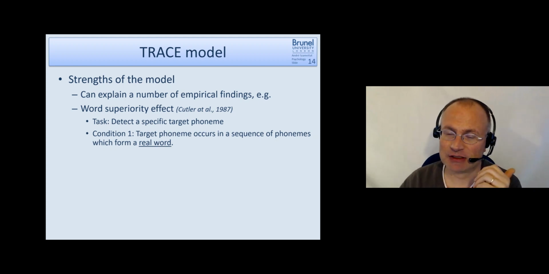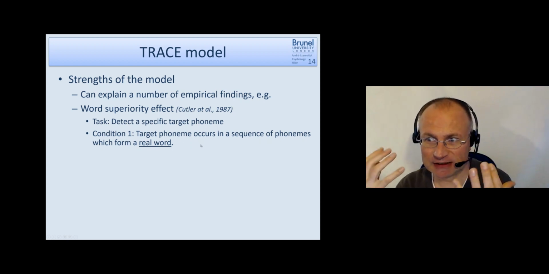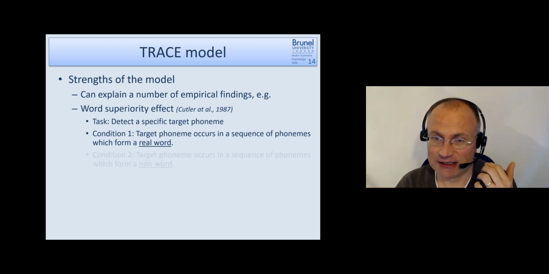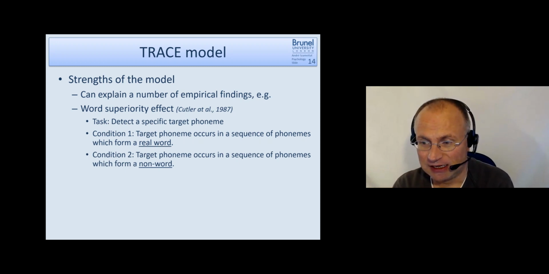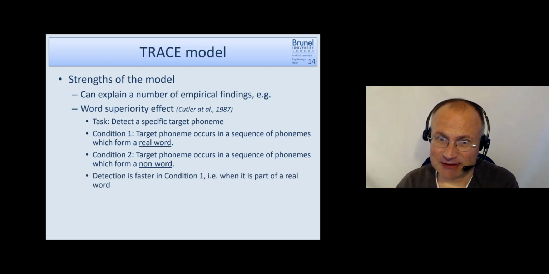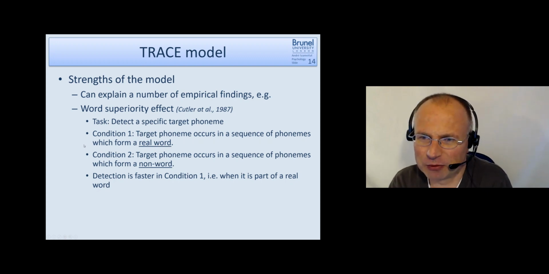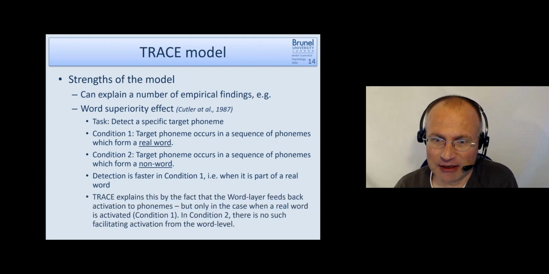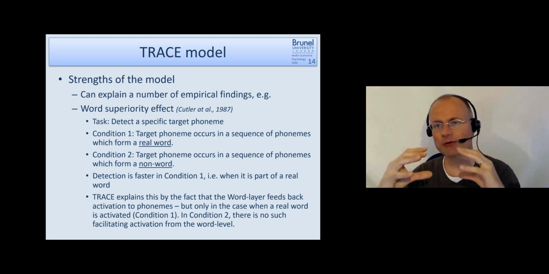And this phoneme could, in one condition, occur in a sequence of phonemes which form a real word, or in another condition, in a sequence which forms a non-word. And what you find is that the detection is faster in the word condition, when it's a real word, as compared to a non-word. So how can the TRACE model explain that finding? It can be explained by the top-down effect, by the feedback of the word layer back to the phoneme layer.